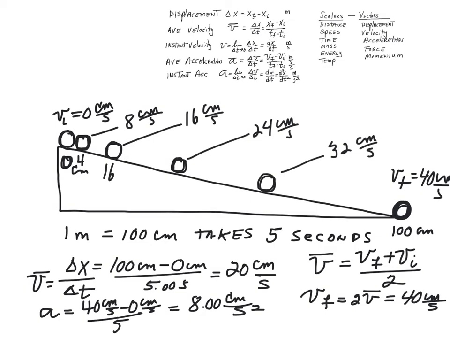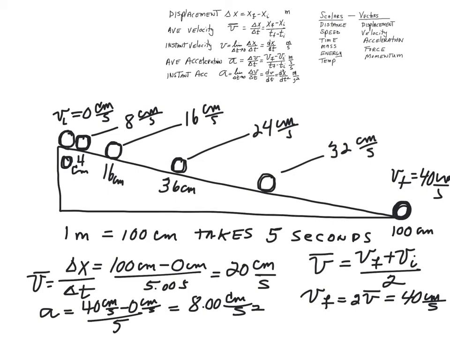This is at 16 centimeters. Now in the third second, it goes from 0 to 24. From 0 to 24, that's an average of 12, but that's over 3 seconds. So 12 times 3 is 36 centimeters. So after 3 seconds, it's down here.